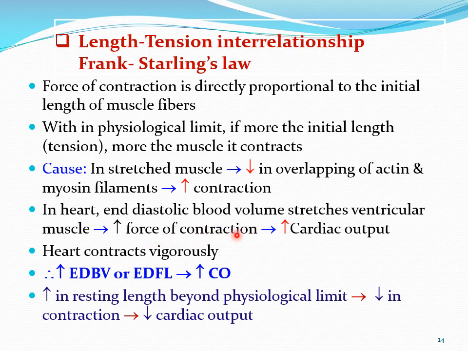And if the force of contraction is increased, that leads to an increase in cardiac output. Simply we can say that the heart contracts vigorously, contraction is greater. So again, if you increase the end diastolic volume or the end diastolic fiber length, there is an increase in cardiac output.